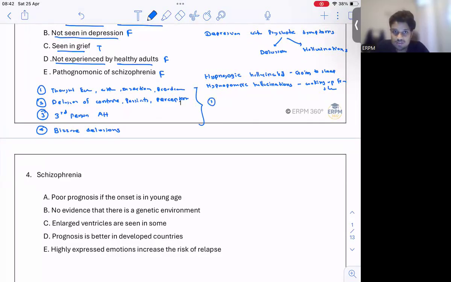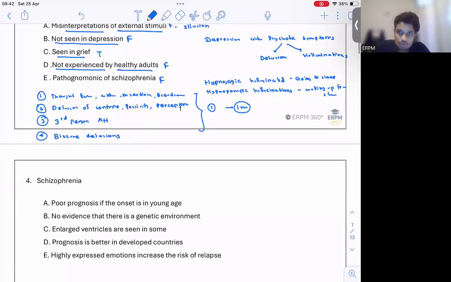we can diagnose schizophrenia if the person has fulfilled the relevant duration of symptoms of 1 month. Only these four are pathognomonic of schizophrenia.